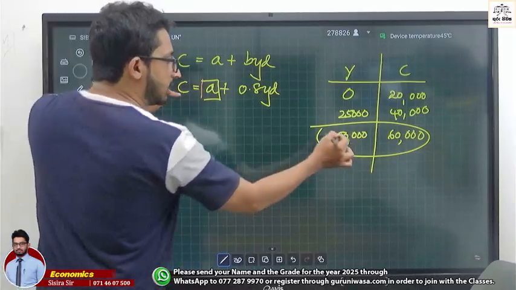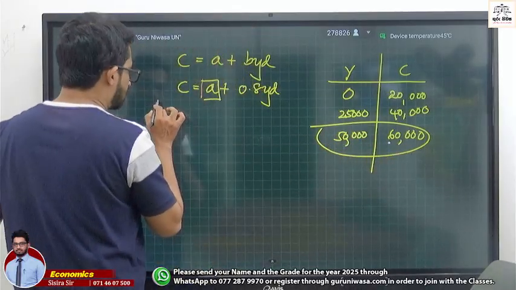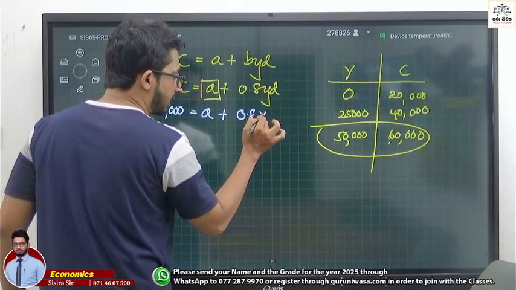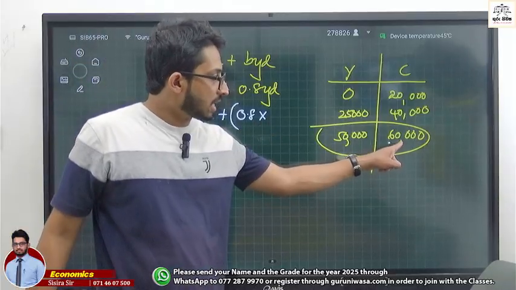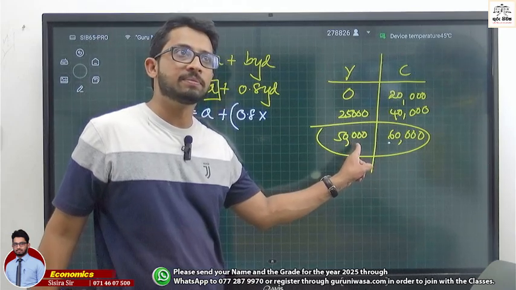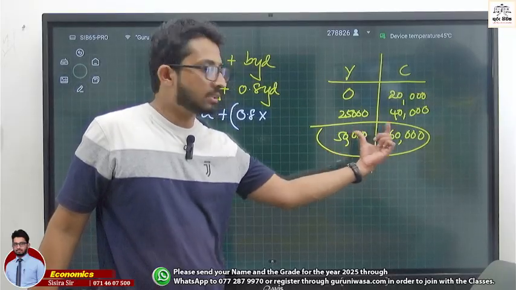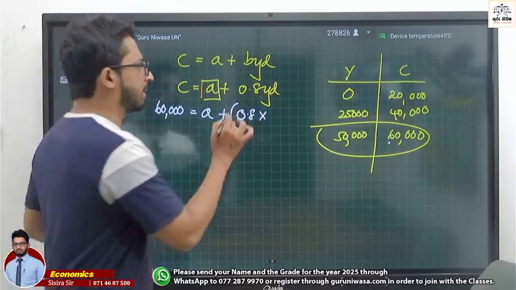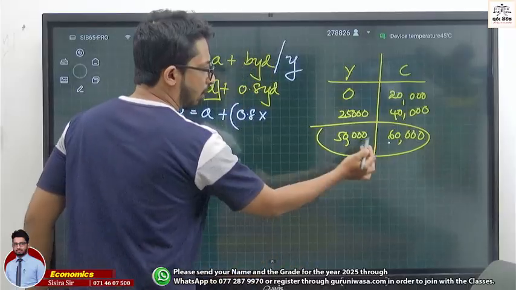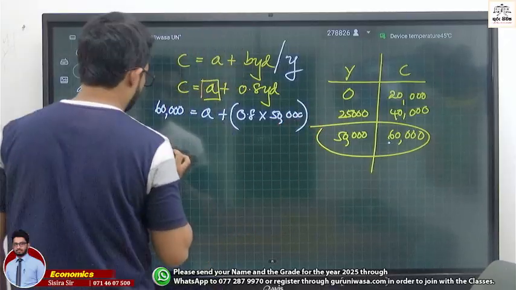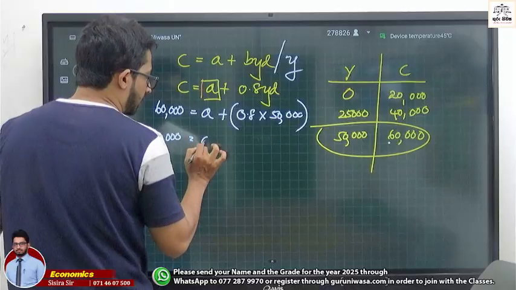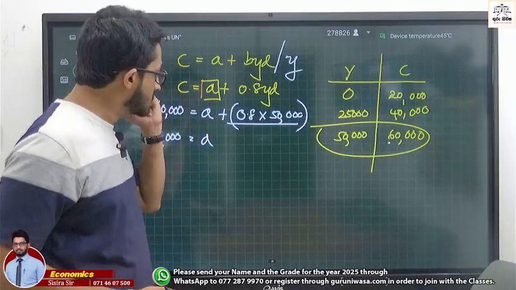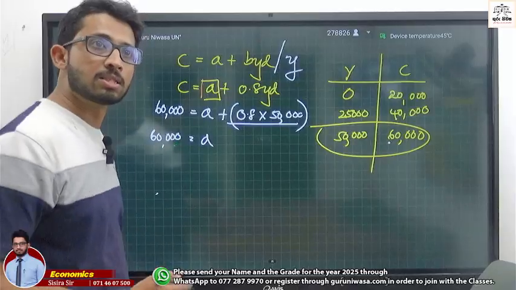C equals 60,000 at this point. 60,000 equals A plus 0.8 into 50,000. Remember, consumption is 60,000 when income is 50,000. How much is the value?